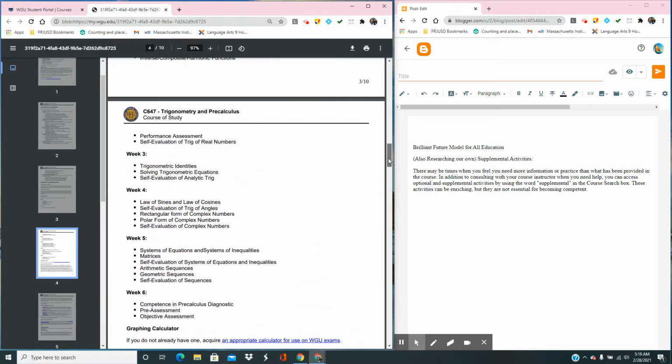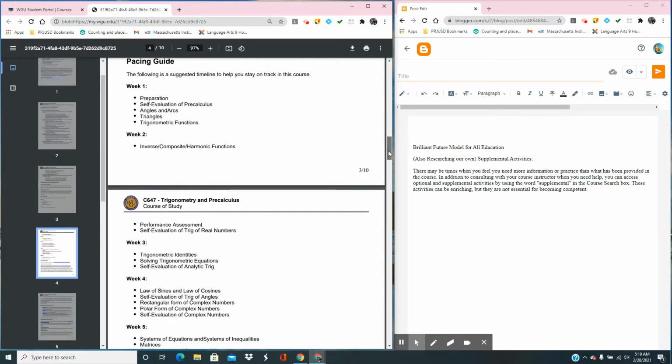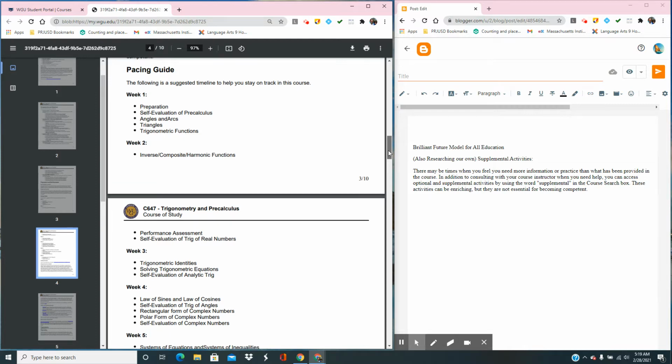I focus more on trying to develop the habits of working a certain amount of time each day. Rather than focusing on product in my pacing, I try to focus on process. So I'm going to disagree with the pacing guide a little bit about this, and this is my thinking. I focus on process rather than on product.